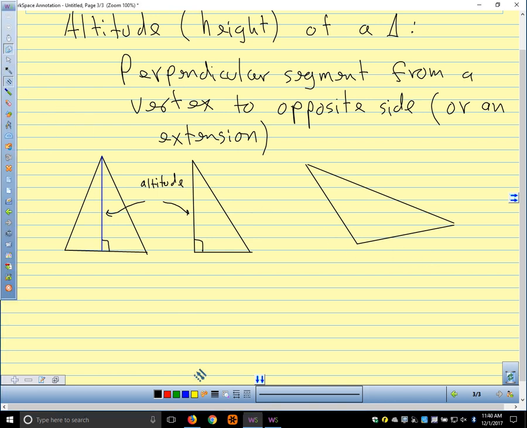So I would need to extend this side to get my altitude, so I can make a 90-degree angle. So we have to extend the side to get my perpendicular segment. So for an obtuse triangle, the altitude's outside.